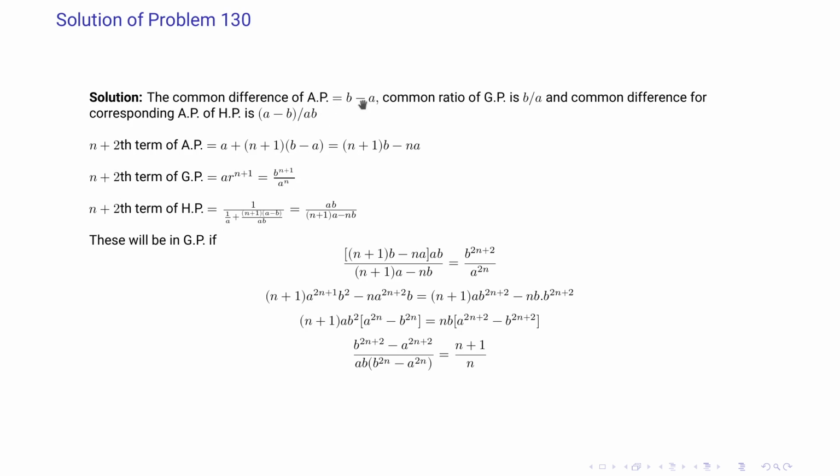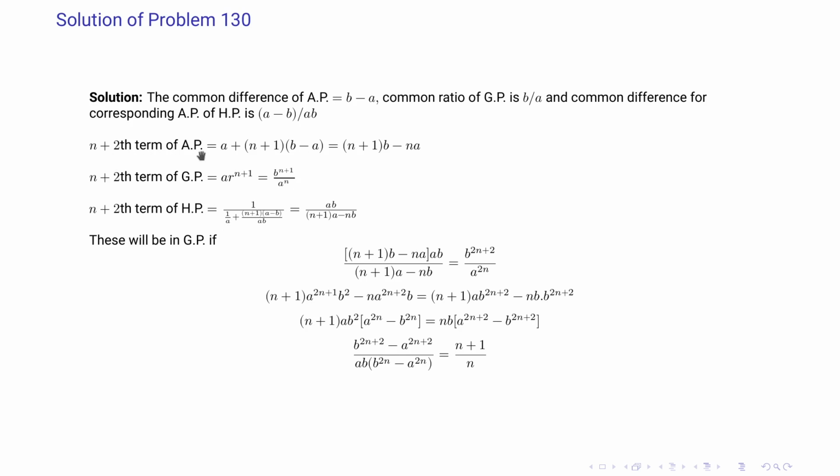So common difference of AP would be b minus a. Common ratio of GP would be b by a. And the common difference for the corresponding HP would be 1 by b minus 1 by a, that would be equal to a minus b divided by ab.